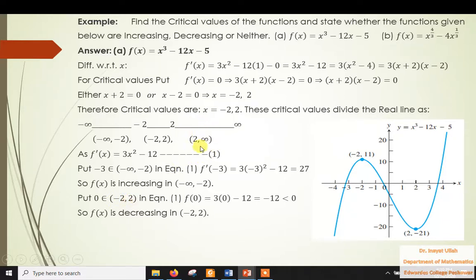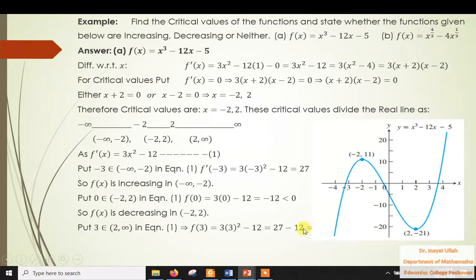And lastly, take any value between 2 and infinity, any value, 3, 4, 5, 6, 7, 110 and so on. So I have taken 3, which belongs to this interval, and put x equal to 3 in equation 1. So put x equal to 3 here, we get 27 minus 12 equal to 15.